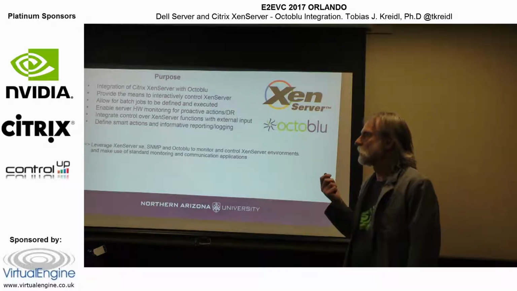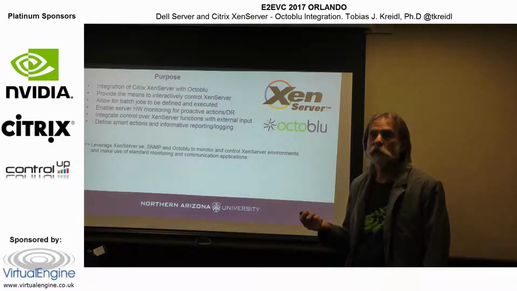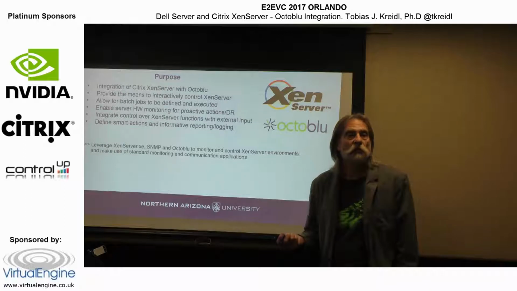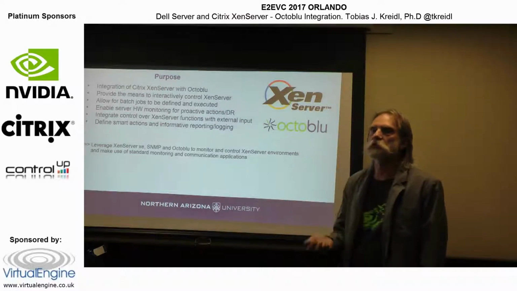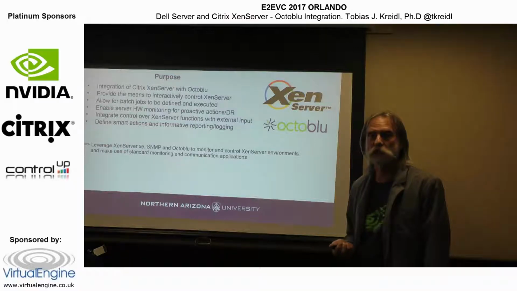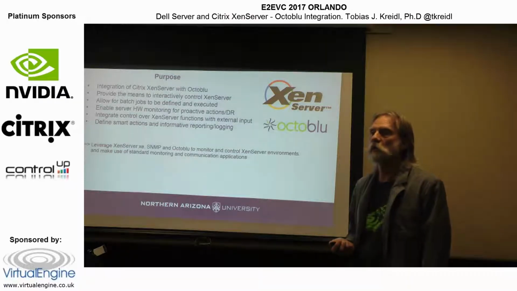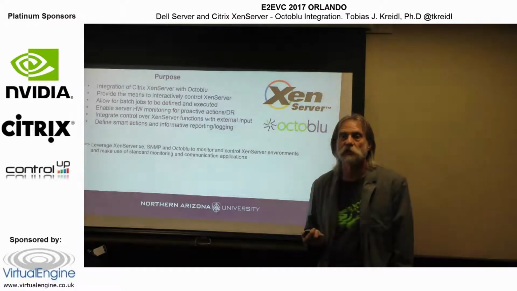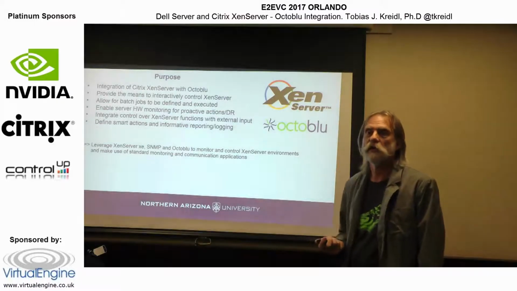If a server fails, sure, the VMs will fail over and restart on another host within my XenServer pool, but I still have downtime. Even if it might only take a few minutes for things to get going again, I still have an interruption.